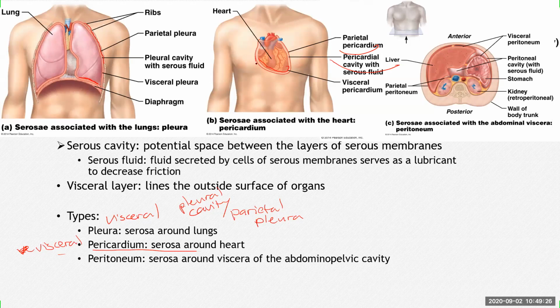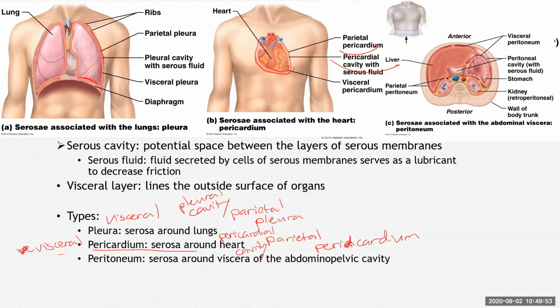If we're talking about this other layer that's surrounding the heart, on the walls of the heart, then we call it the parietal pericardium. And in between is called the pericardial cavity. Okay, so you're just using these terms over and over again.